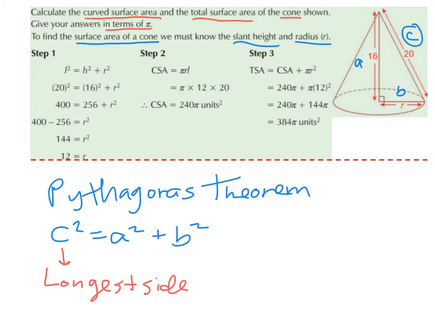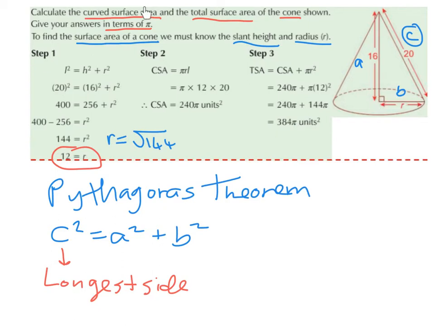So we bring the 256 over the equal sign and it becomes minus 256. 400 minus 256 is 144, and that's equal to r squared. So r will be equal to the square root of 144, and the square root of 144 is 12. So the radius is 12. Okay, so that was step 1, find the radius.